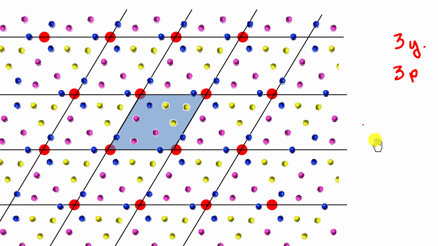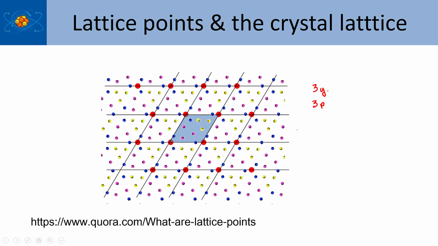All right, so how do I count that, right? So for sure, for the blues, I have 1 blue, that's this guy, that's my 1. I have 1, 2, 3 that are half in one unit cell and half in the other.